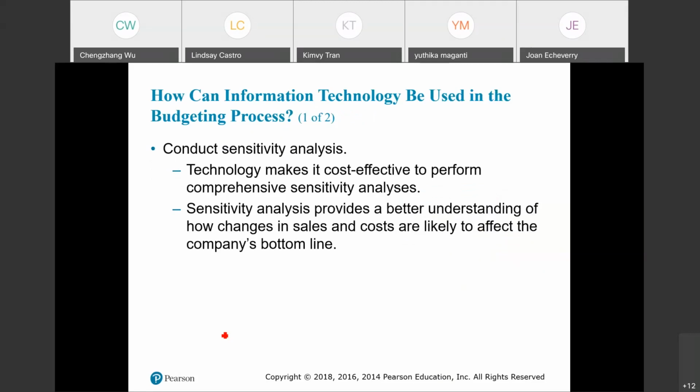The primary two parts of making the budget are, first of all, to conduct sensitivity analysis, and second, to combine individual units' budgets to create the company-wide master budget.